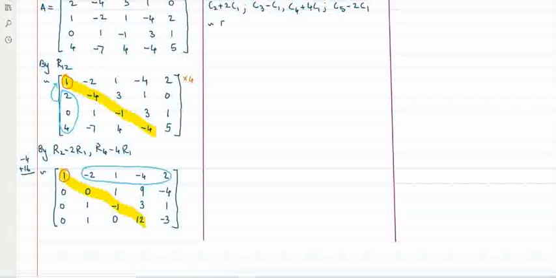So the new equivalent matrix, column wise, first column no change, 1, 0, 0, 0. Second one 0, 0, 1, 1. Next 0, 1, minus 1, 0, 0, 9, 3, 12, 0, minus 4, 1, and minus 3.